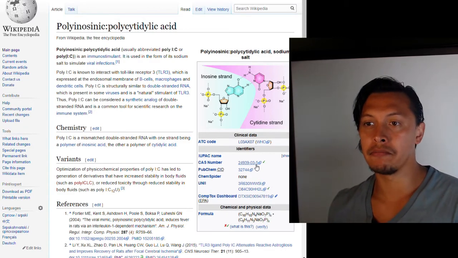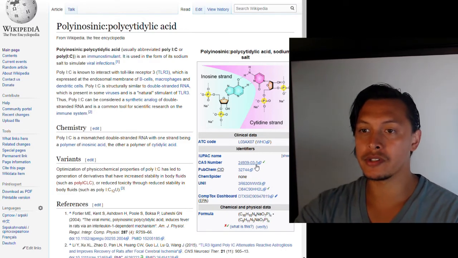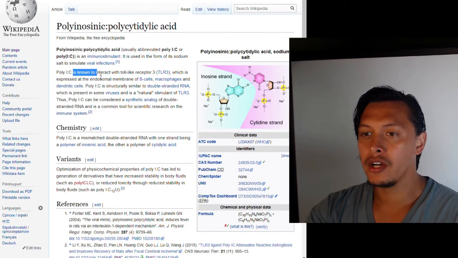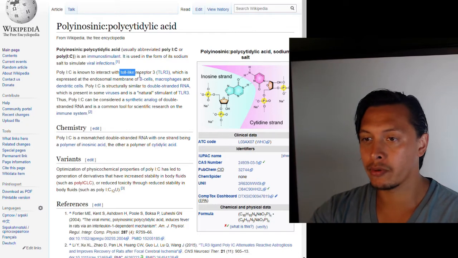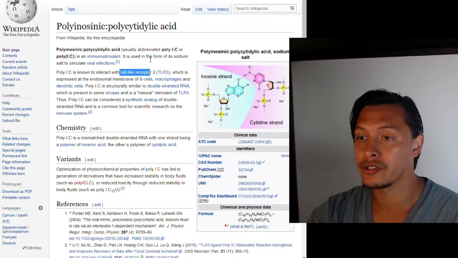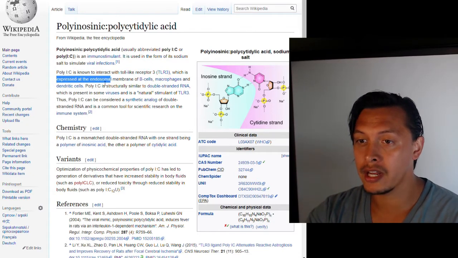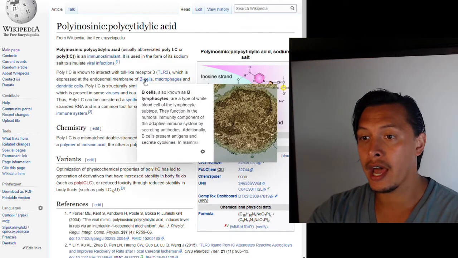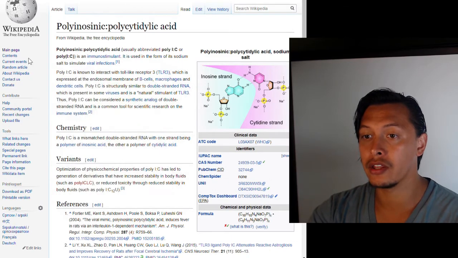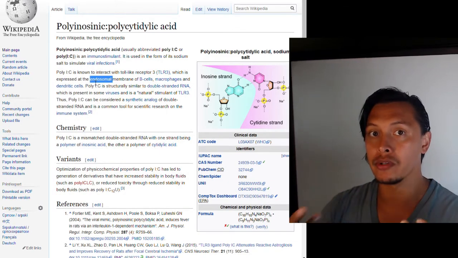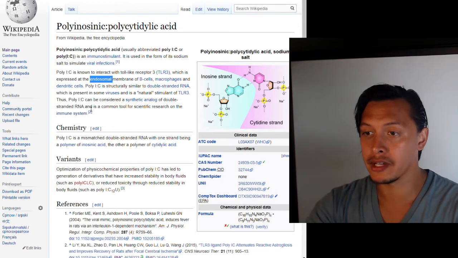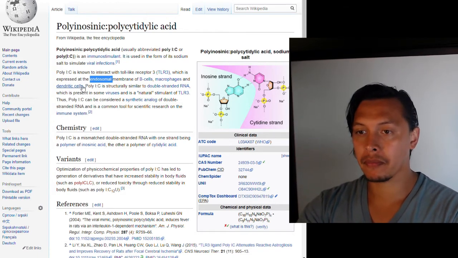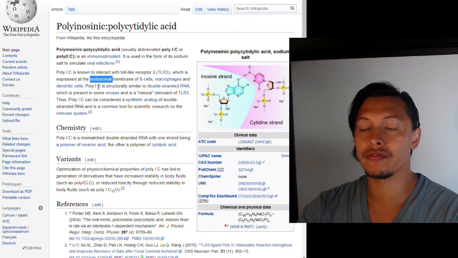So this is an immunostimulant, and it is used in the form of its sodium salt to simulate viral infections. It's known to interact with toll-like receptors, which are a type of receptor on your cells, which are expressed at the endosomal membrane of B cells. So the B cells have these toll-like receptors in their endosomes, which are small little bubbles within the B cells, or the macrophages, or the dendritic cells, which are other types of immune cells.